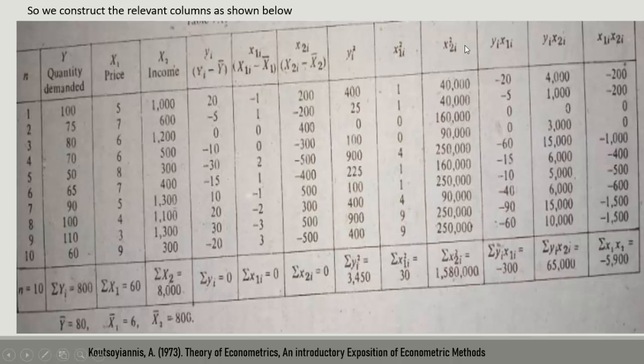Similarly, for the column of x2 square, we take the square of the column of small x2. If 200 is squared, we get 40,000. Minus 200 squared, we get 40,000. If we take the square of 400, 160,000, and the square of minus 300 is 90,000, and so on.